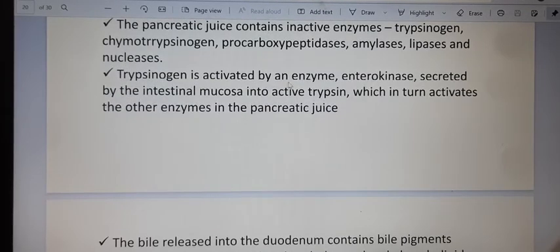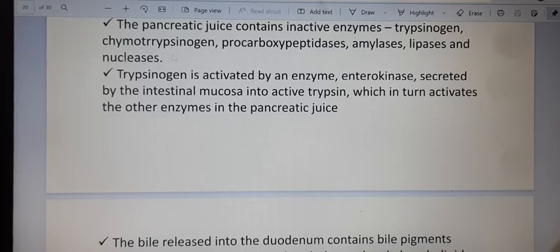Trypsinogen is activated by an enzyme enterokinase, which is secreted by the intestinal mucosa, into active trypsin. Trypsinogen, chymotrypsinogen and procarboxypeptidases are secreted by the pancreas in inactive forms.